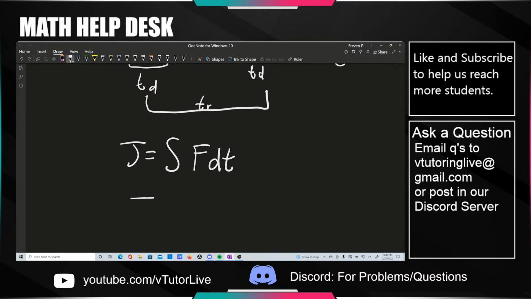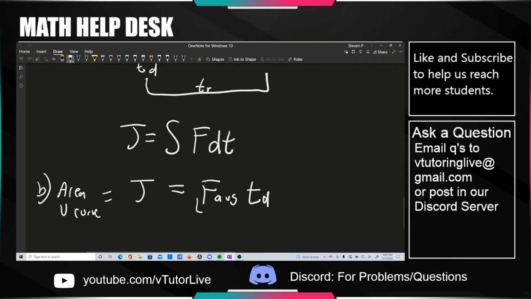Okay, so part B, area under a curve is equal to J, right? So that you can find from the graph, and you set that equal to F average times the change in time, which is basically TD, right? Well, that's just basically asking you to solve for F average. So just divide through and that should take care of that, right? Simple enough. Yeah, I agree.